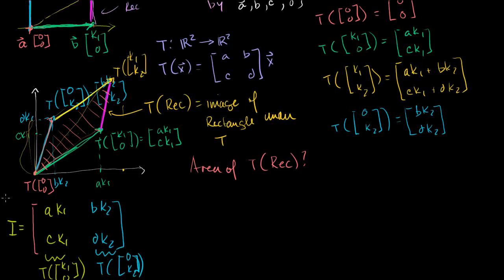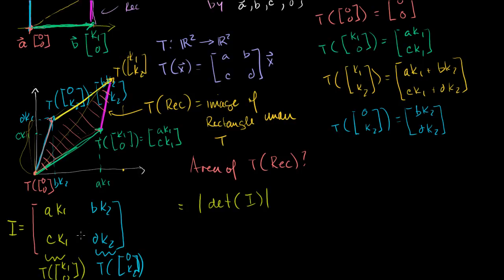So it's equal to the absolute value of the determinant of the matrix whose column vectors generate that parallelogram. We saw that in the last video. That's what the area of this thing is going to be.